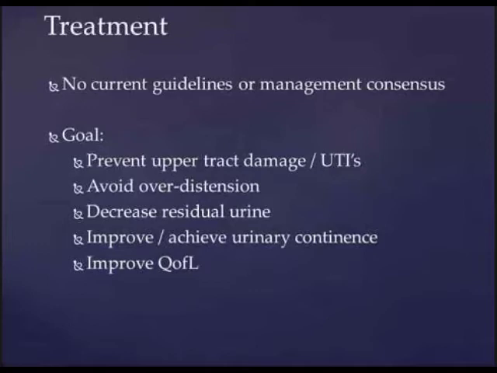Overextension is probably a bad thing in these people because, like that case that we heard about with the pregnant ladies with epidurals, it could lead to chronic problems. We want to decrease residual urine, which again is going to lead to bladder stones and other sequelae. And we want to improve continence if they're having any issues, because that's a real social concern for people. And we want to try and find a way to improve their quality of life without burdening them too much with treatment.